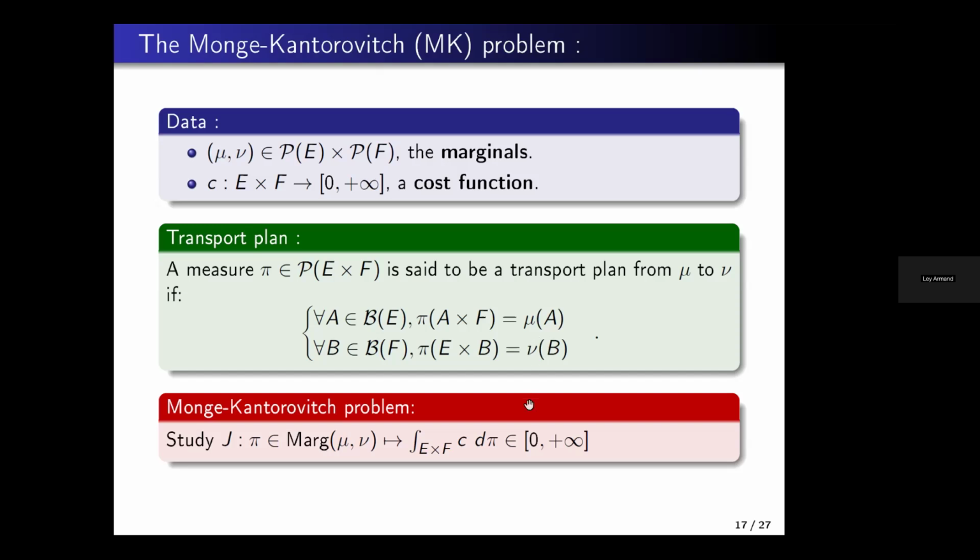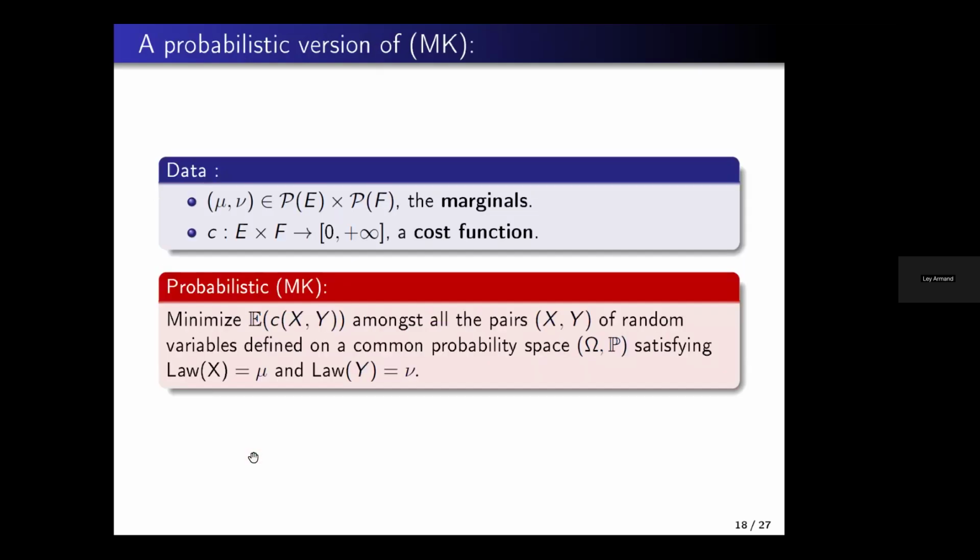In the Monge-Kantorowicz problem, you want to minimize, amongst all the transport plans from mu to nu, the global transport cost, which is given by the integral of our cost along the transport P, that we will denote by G. There is another way to see this problem, in a more probabilistic interpretation.